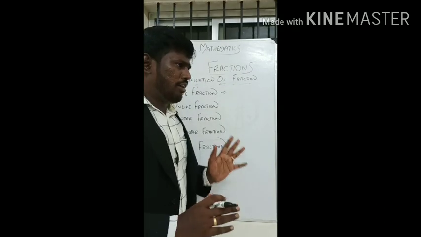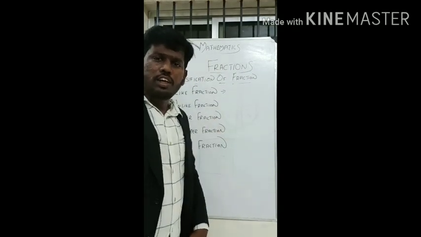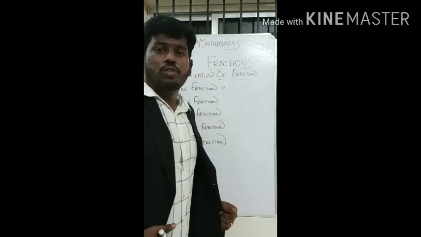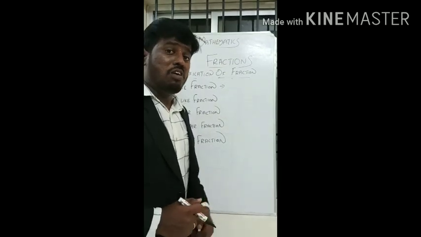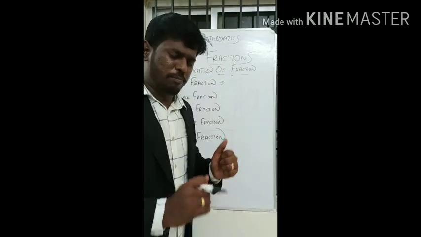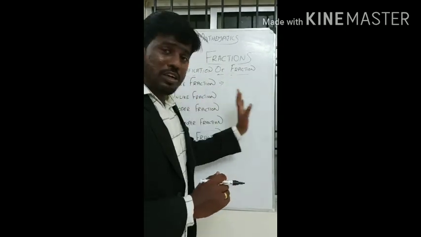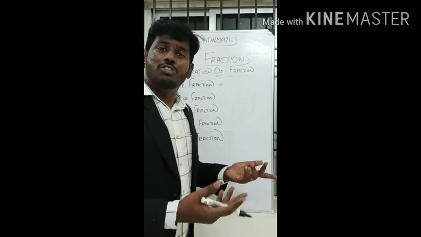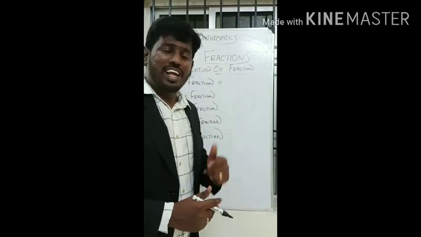So like fraction means, if all pants are same and the shirts are different, that is, if all denominators are same and the numerators are different, then it is called what? Like fraction.